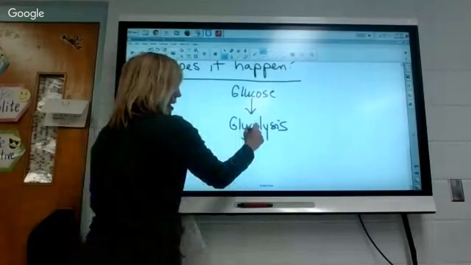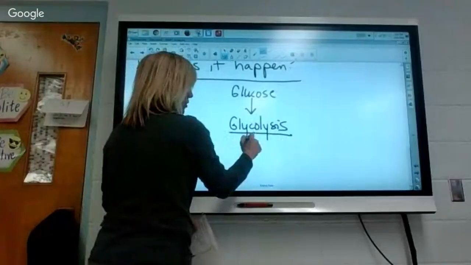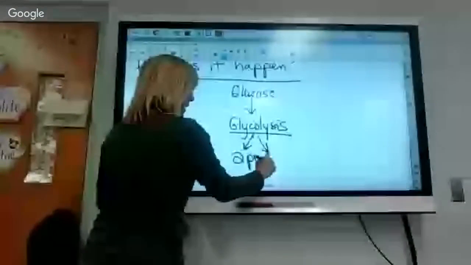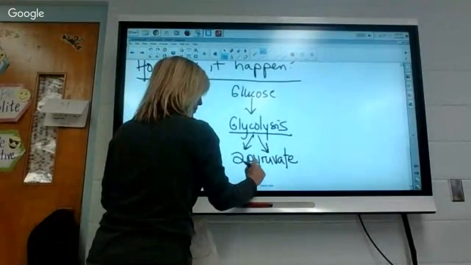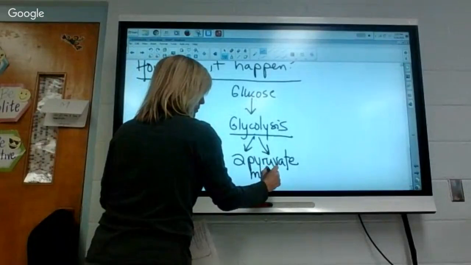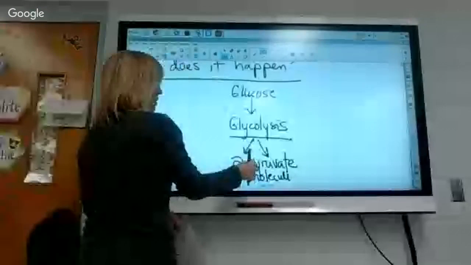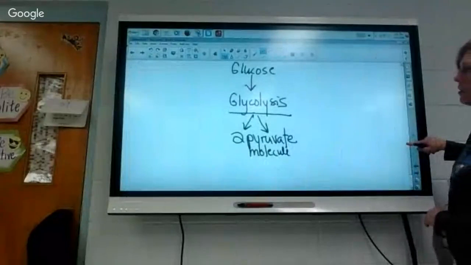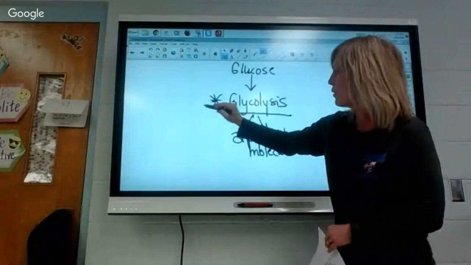And glycolysis actually is going to split that sugar into two pyruvate molecules. Okay. So this is what starts both.